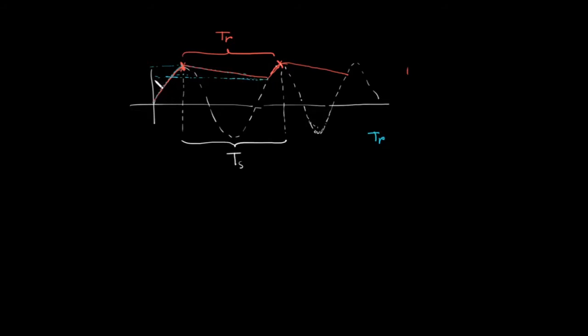So the distance between these 2 points is going to be our peak to peak ripple. This is the formula that we derived. All right, this is the V_R peak to peak.